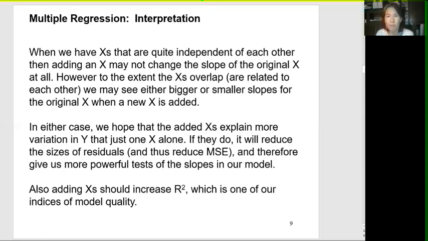Regression. Okay. And therefore, it gives us a more powerful test of the slopes in our model. So once you have more reasonable x variables, you have a more powerful model. Also, adding x's should increase R square, which is one of our indices of model quality.